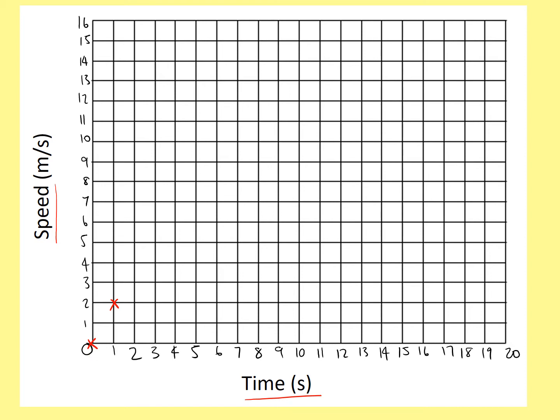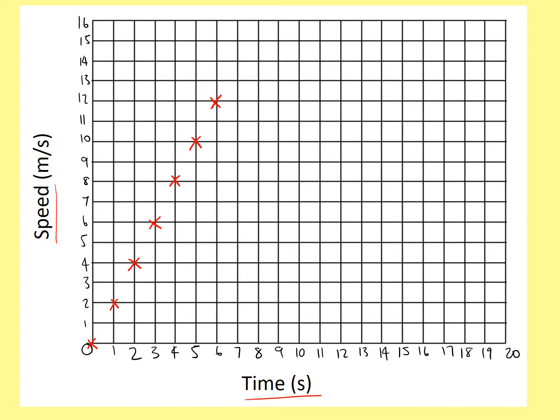After 2 seconds, 4 meters per second. After 3 seconds, 6 meters per second. After 4 seconds, 8 meters per second. After 5 seconds, 10 meters per second. And after 6 seconds, 12 meters per second. So this object has gone from 0 meters per second all the way up to 12 meters per second in a time of 6 seconds in total.